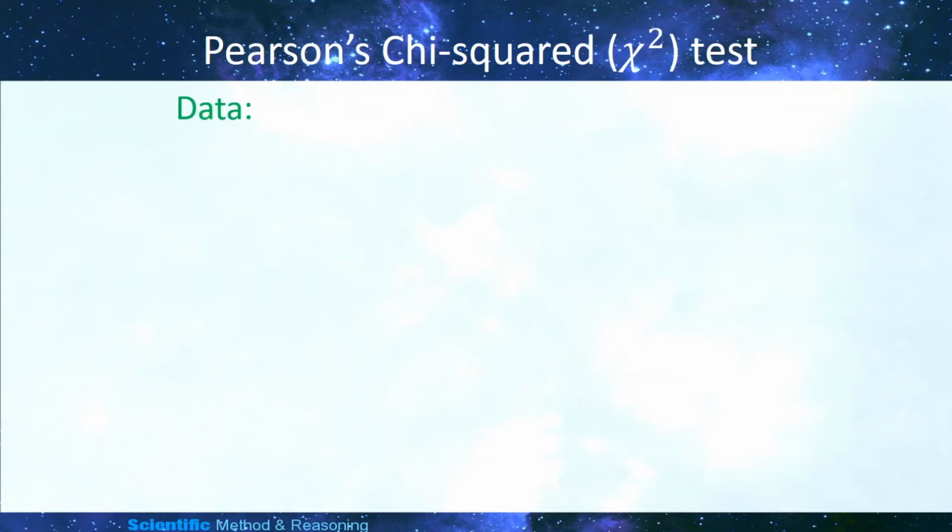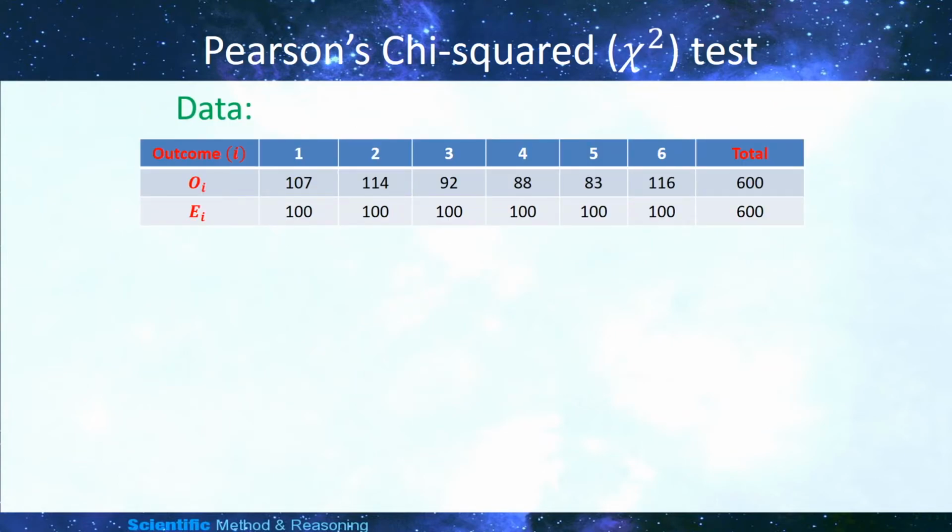For example, the data may look like this if we really toss the die 600 times, and the expected frequencies would be 100, 100, 100, 100, 100, and 100, because they are all equal to 600 multiplied by 1/6. But the observed frequency, because everything is random, will not obey exactly. And the Oi, for example, O1 will not equal 100, but it will fluctuate around 100, even though the die is a fair die.